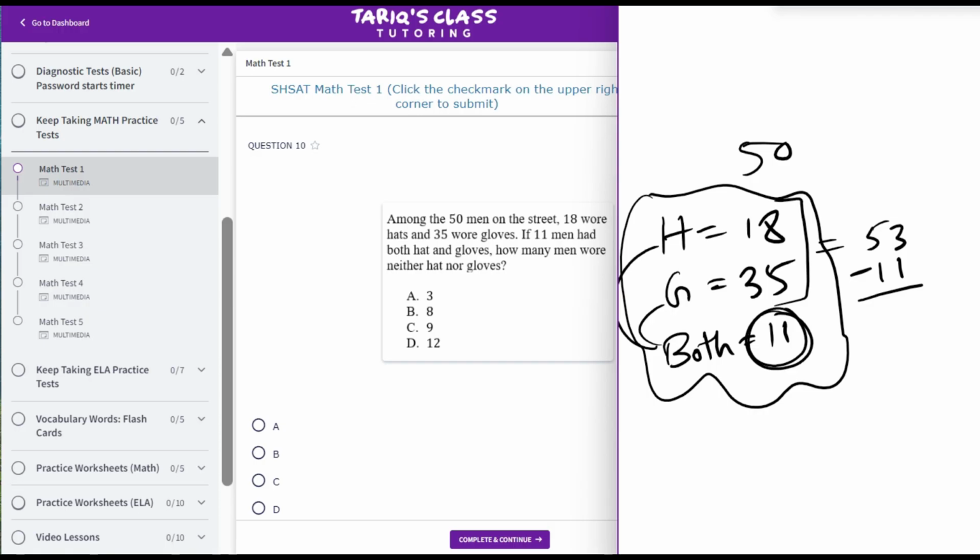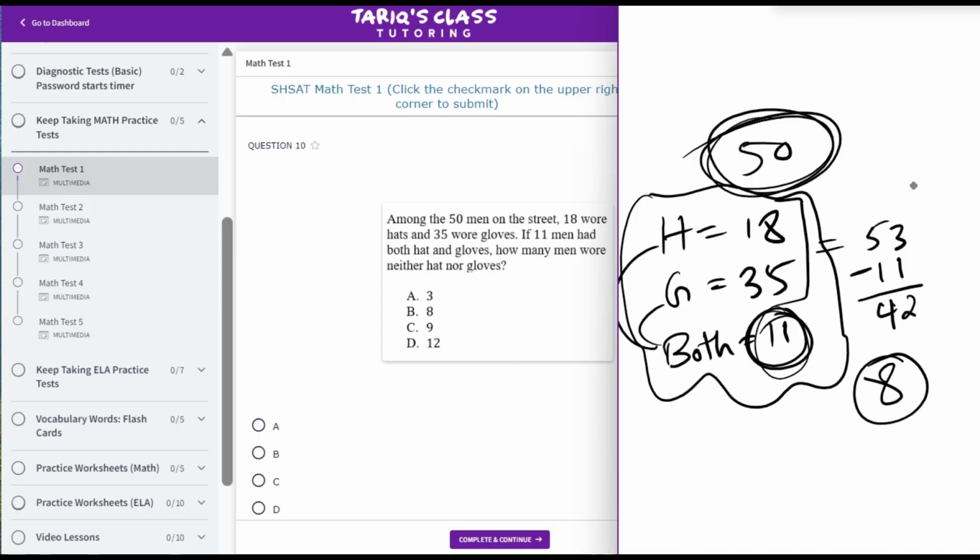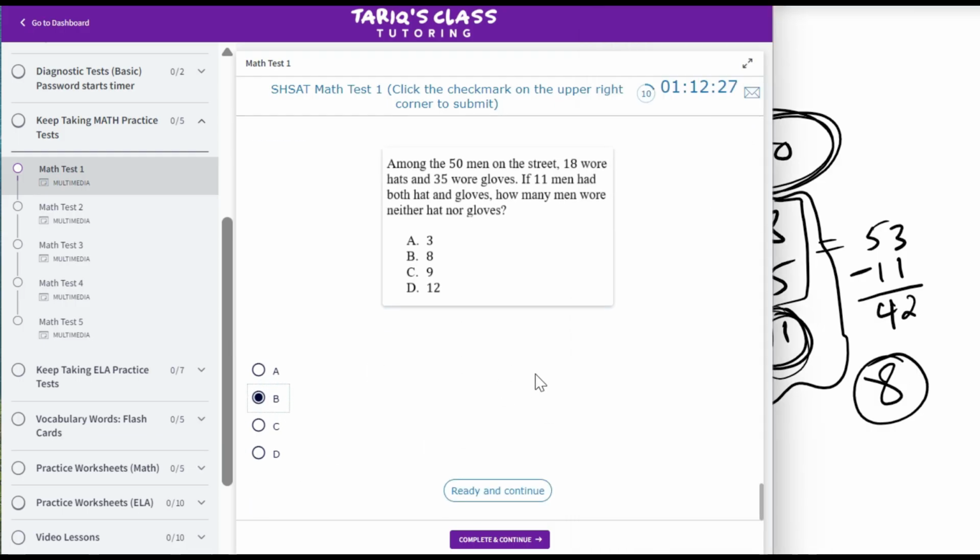It doesn't mean that there are 2 different persons. It's the same person wearing the hat and gloves. So the both always needs to be subtracted. So 42. So there are 42 people, but there's supposed to be 50 people. What happened to the rest of the 8 people? That means they wore neither hat nor gloves. So the answer is 8, option B. Let's continue.